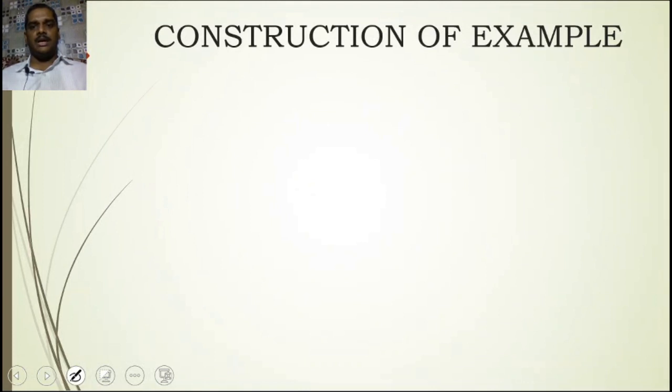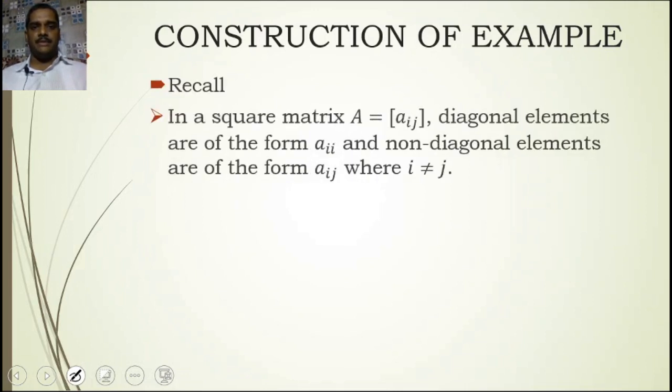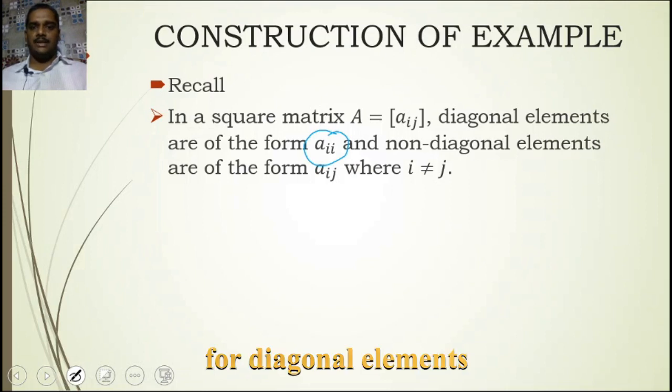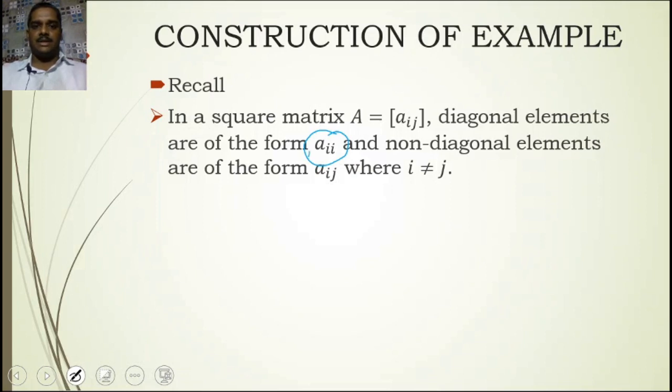Now let's talk about how to construct an example of a symmetric matrix. For that, you are going to recall these two points. Number one, in a square matrix A equals Aij, diagonal elements are of the form Aii, nothing but the row index and column index are the same. And non-diagonal elements are of the form Aij, where i is not equal to j.